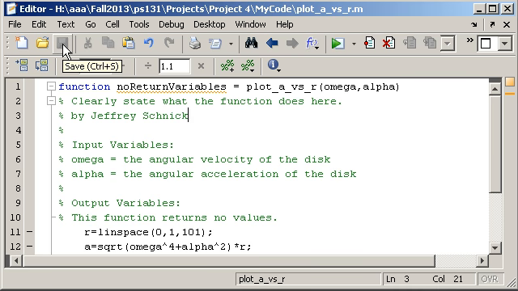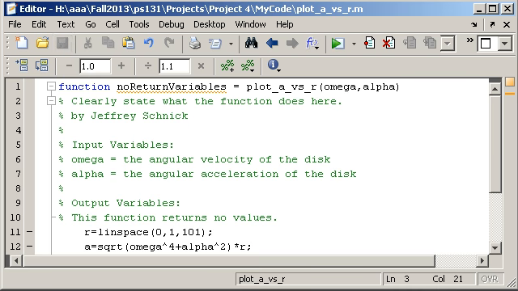A comment starting on the first line after the function statement stating what the function does. And another set of comments, so left out a word in your handout, but you should be able to figure that out. And another set of comments providing a list of arguments of the function, the input variables, with, beside each argument, a statement of what that variable is.